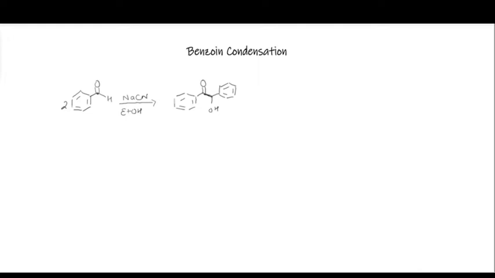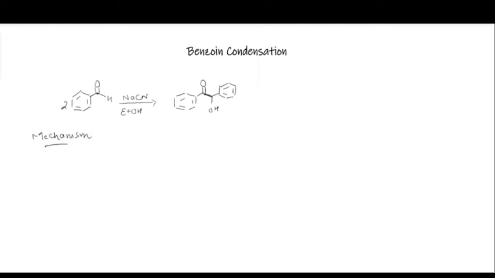And you know that the carbonyl carbon is electrophilic in nature. So actually this is the bond formation between two electrophilic benzaldehyde carbonyl carbons. How does this happen? Is it really the bond formation between two electrophiles, or is there something else happening? We will see this in the mechanism that follows.